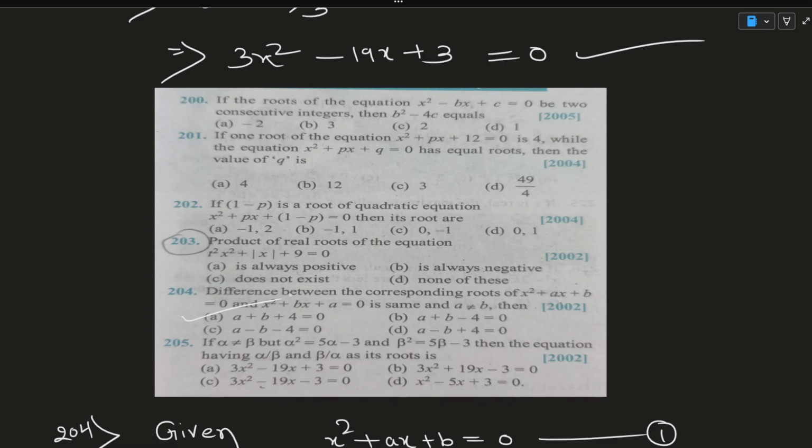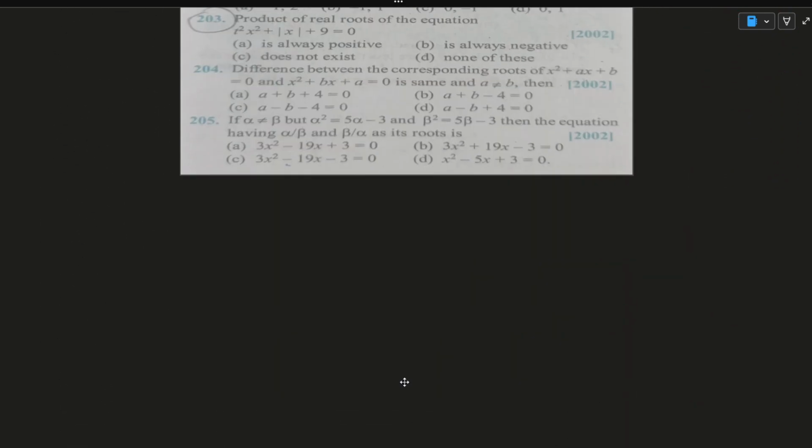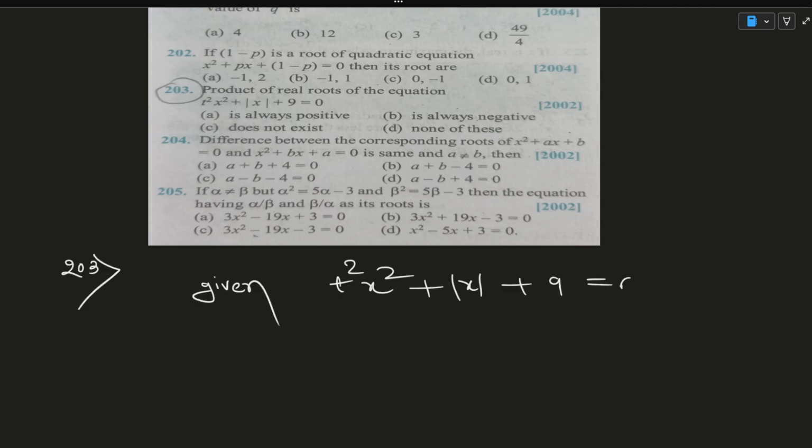Now we'll see question number 203 carefully. When we see question number 203, we are given a quadratic equation, that is t square x square plus modulus of x plus 9 equal to 0.